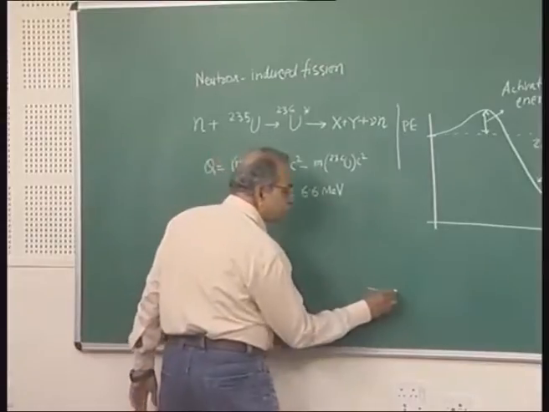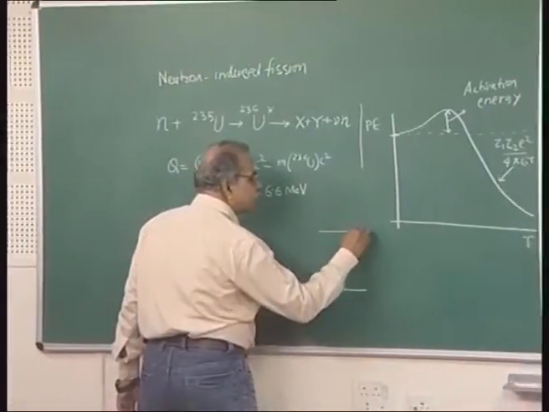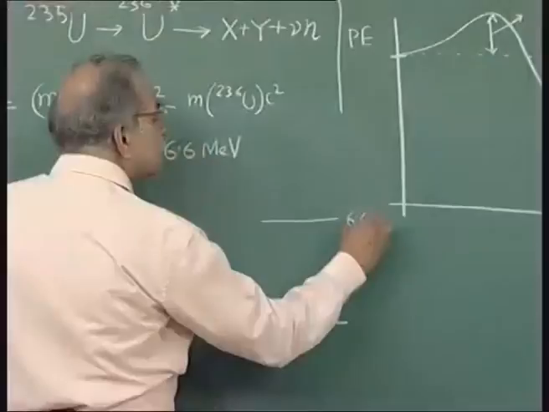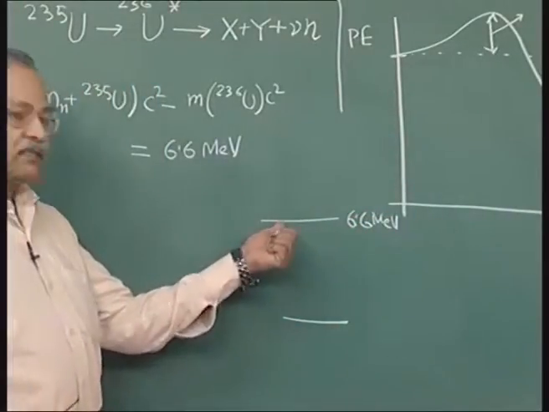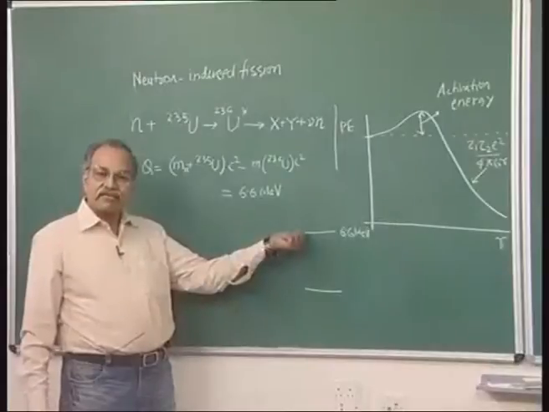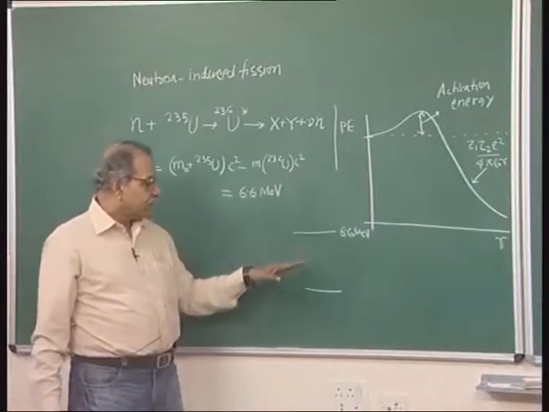Okay. So, here is the ground state, and here is, let us say, 6.6 MeV. It is not necessary that you write a particular level here, but let us say it is there.